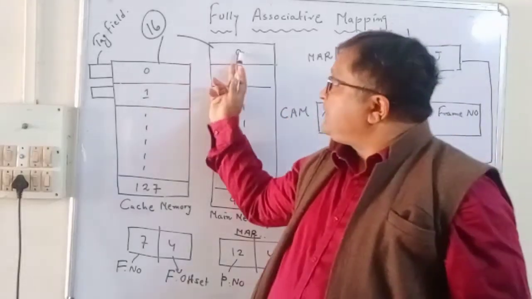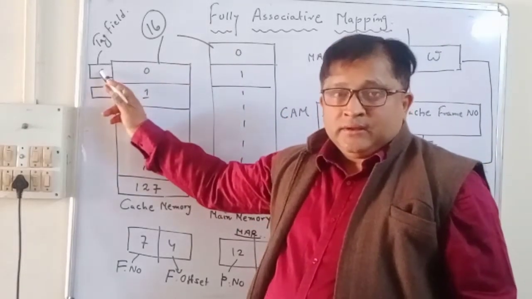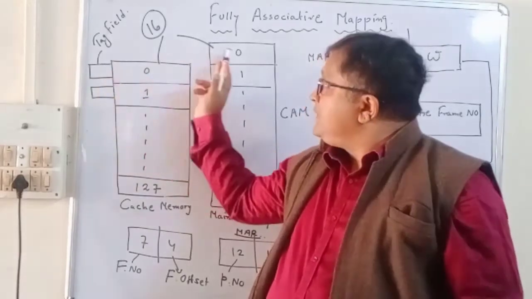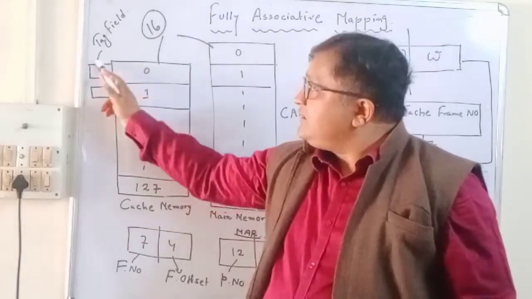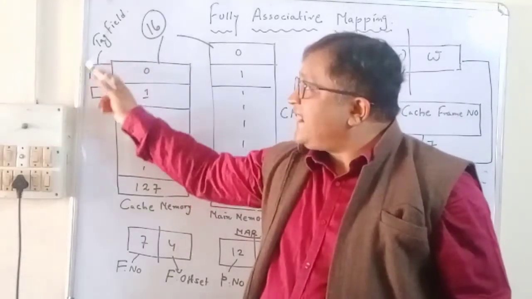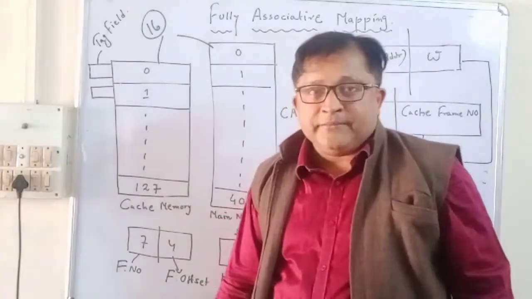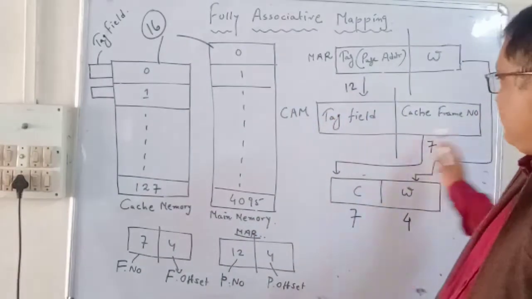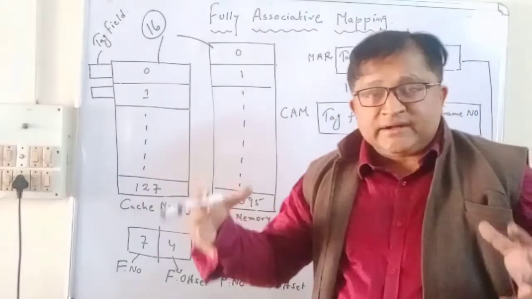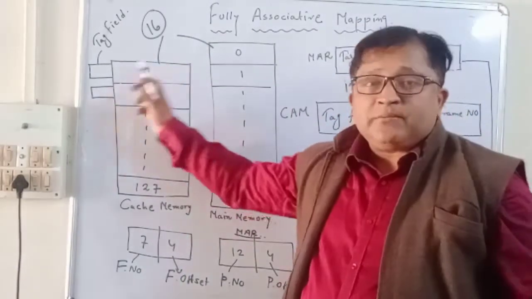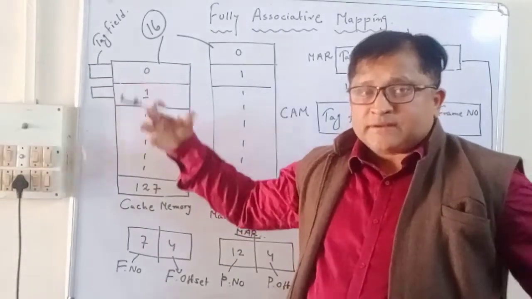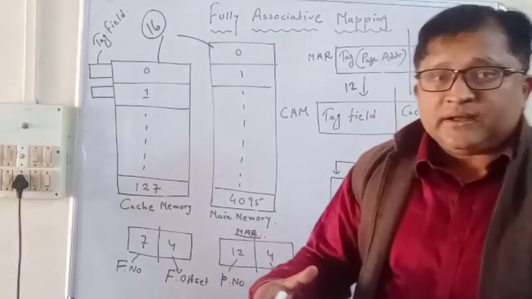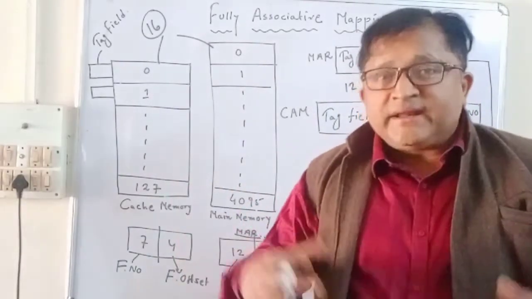When a particular page is loaded into a particular frame of the cache memory, the page number creates a tag side by side with the cache frame. The tag containing the page number and the frame number of the cache memory are combined together, representing the content addressable memory.